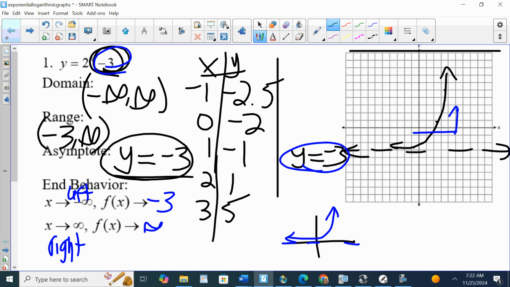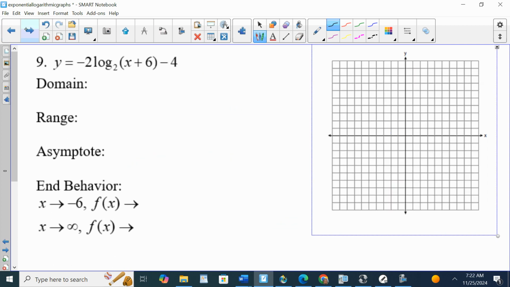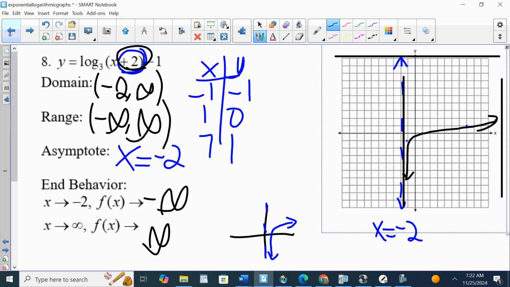The range of exponential will have an infinity involved, as will the domain of the log. And the end behavior for exponential, one of them will be the asymptote, the other will be an infinity. And for log, they'll ask you, as x approaches the asymptote, it will either be negative infinity or positive infinity, depending on which way it's pointing. That really is nothing new as far as end behavior goes.